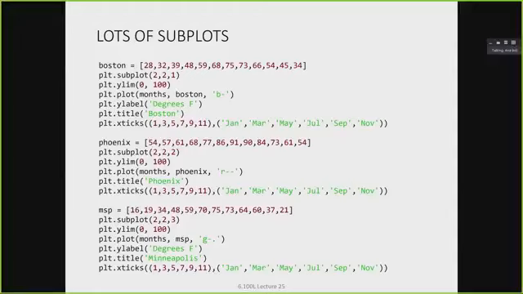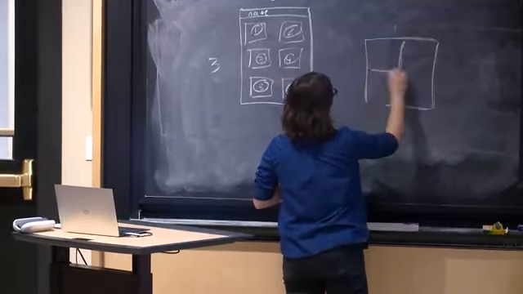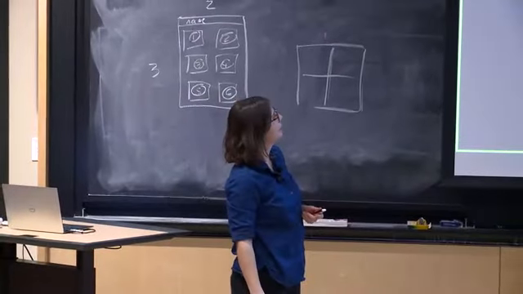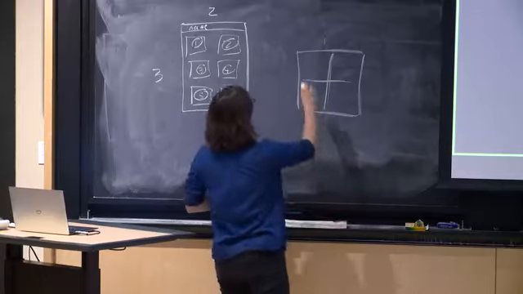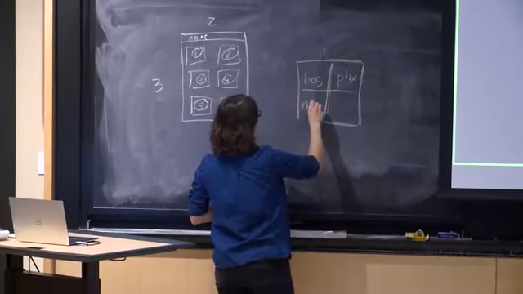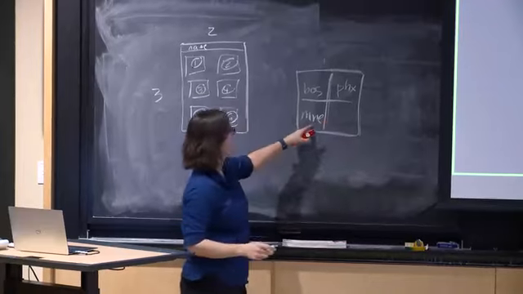Okay? In this particular case, I had a Boston, Phoenix, and Minneapolis temperature, so I'm just creating a 2x2 matrix, right? So here I just have this thing that looks like this, a figure with these 4 subplots, and I am going to add the Boston one over here, the Phoenix one over here, and then the Minneapolis down here, right?